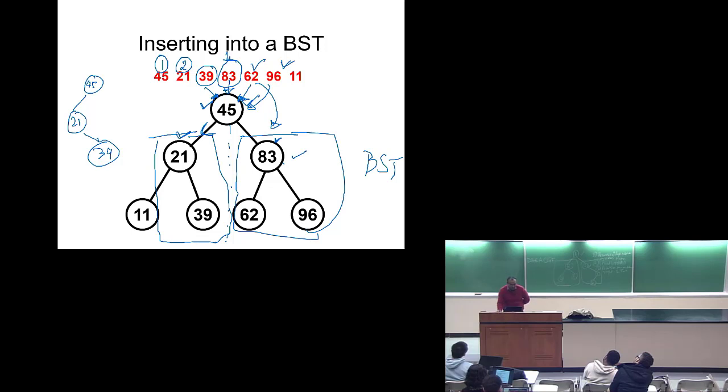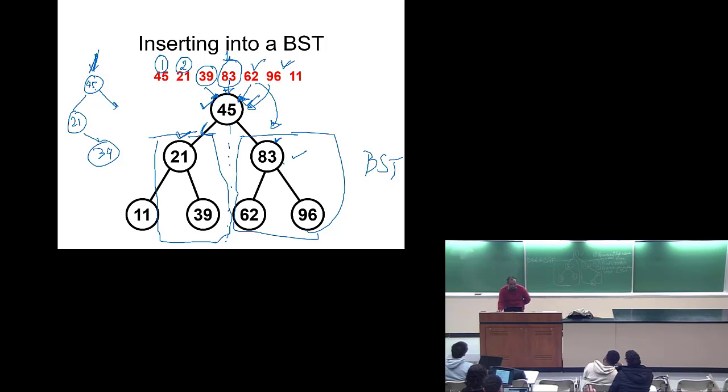So when you're adding 83, you will start the search from the root, right? You will compare. 83 is more than 45, so you can't go on the left hand side. You have to put it on the right hand side of 45 because it is greater than 45, right?